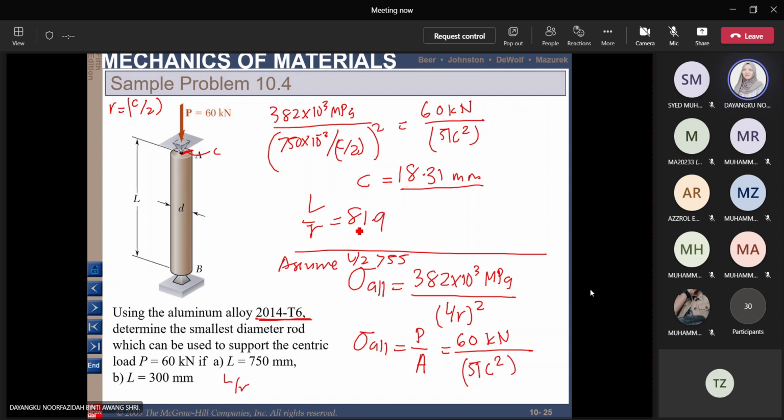If not, then we would need to use the other equation. So if our assumption is correct, this is indeed bigger than 55, so this is correct. So you can use the value of your C as the radius, so the diameter is 18.31 times 2. Okay, so that is how you do the value for this calculation here.